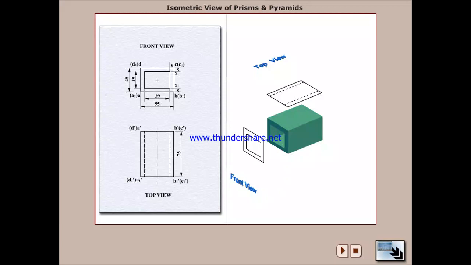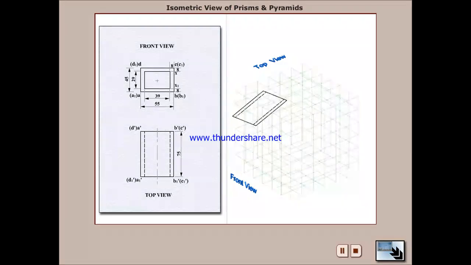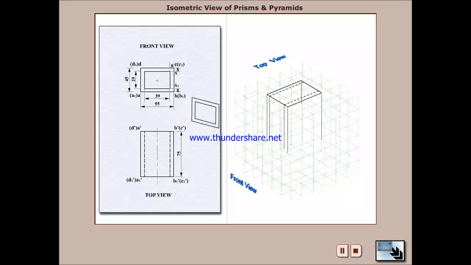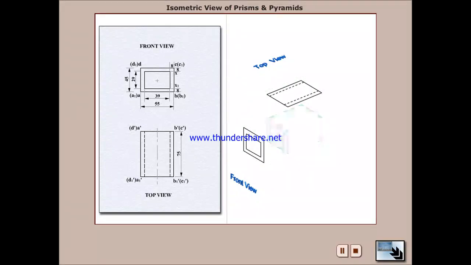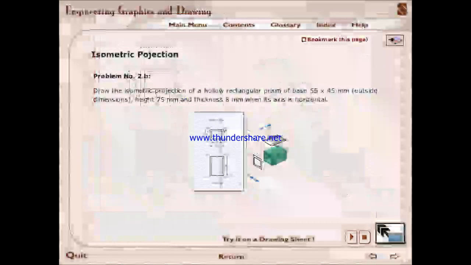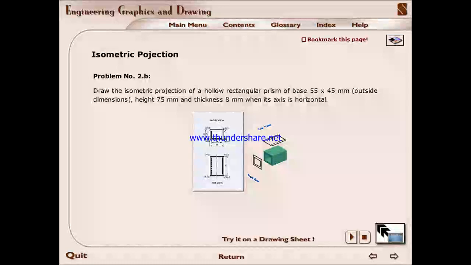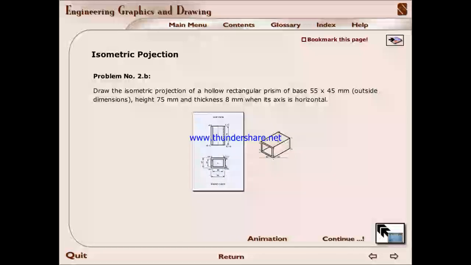So like that, once again, this is the isometric view. Now with this concept, let us try to draw on the drawing sheet.